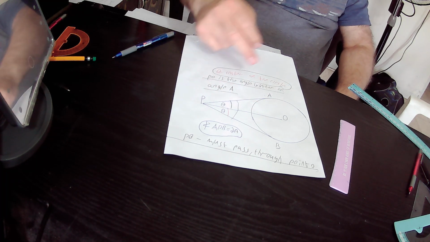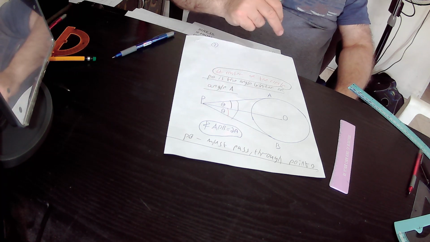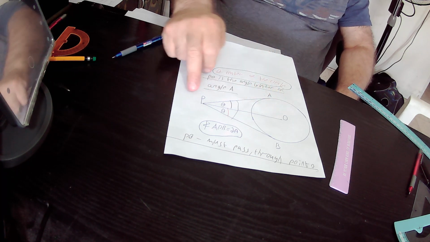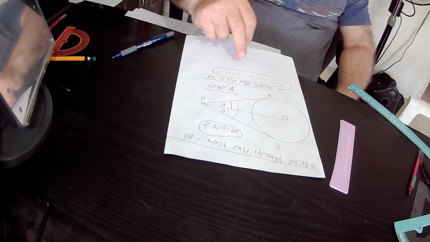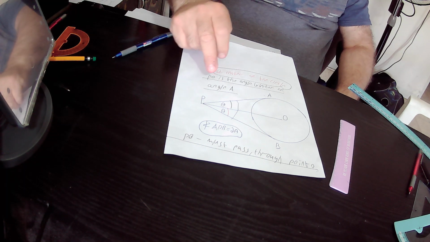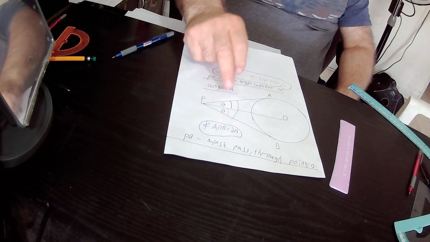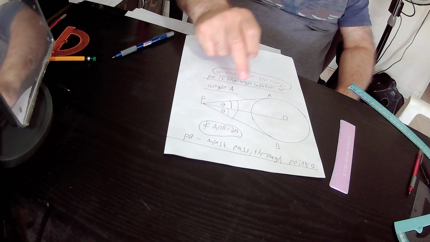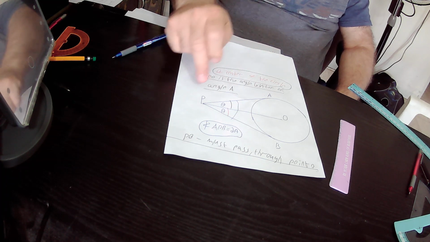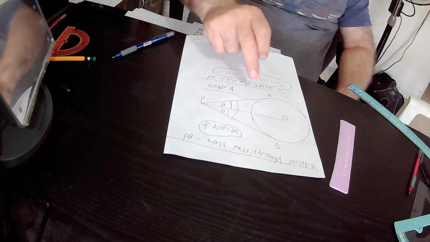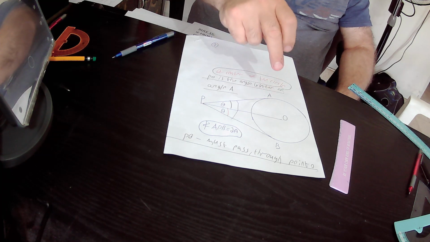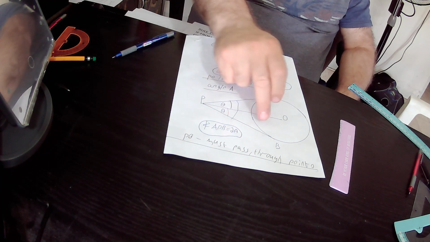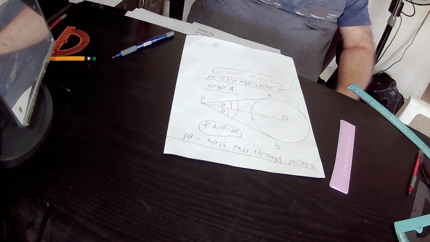The size of angle APB in total is 2 theta, and the angle bisector OP bisects angle APB, that is 2 theta, into 2 halves. Each half equals theta. This is angle APO, that equals theta, and the other half is angle OPB, that also equals theta.